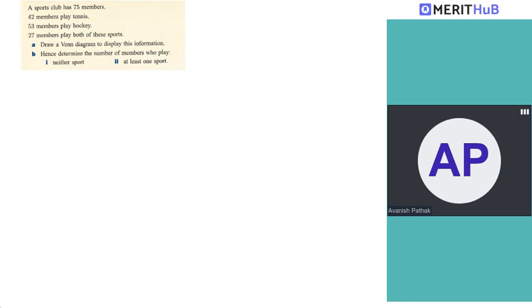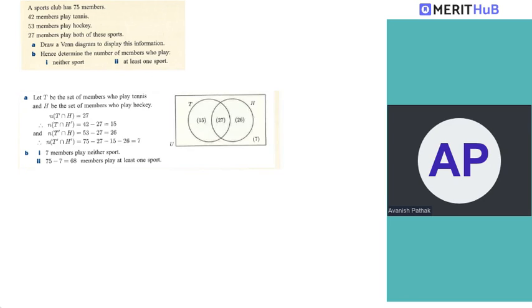Now, if I go by the explanation of this, that's how the Venn diagram works. So let T be the set of members who play tennis and H be the set of members who play hockey.